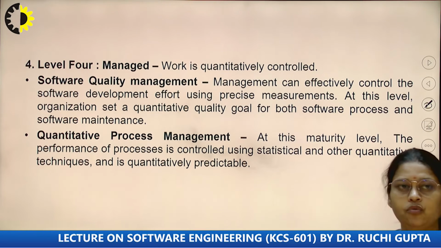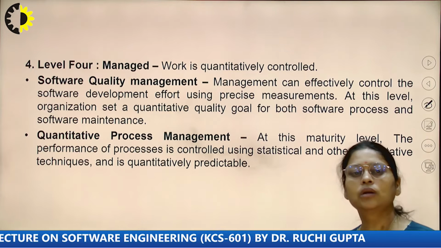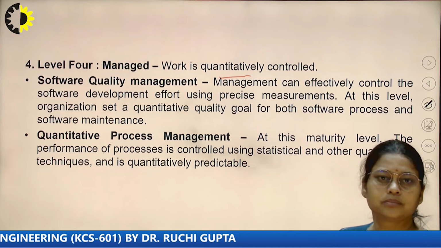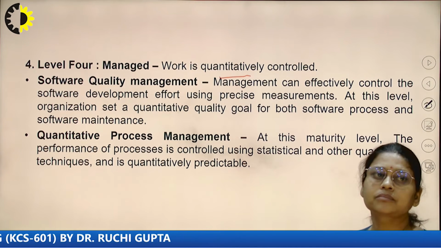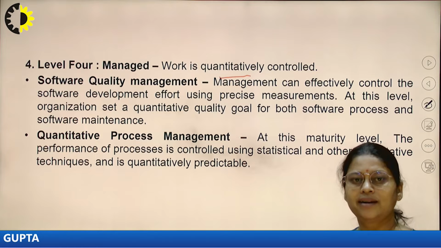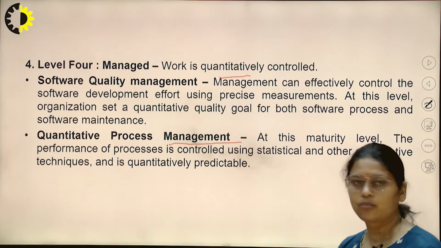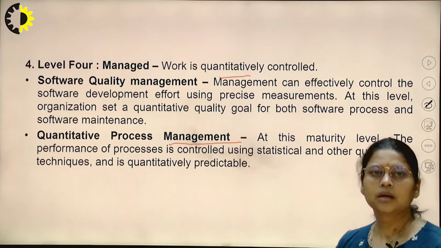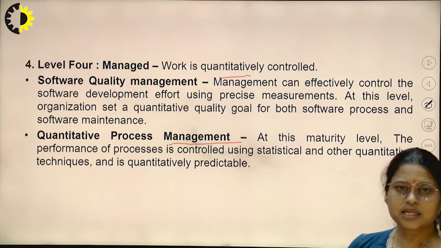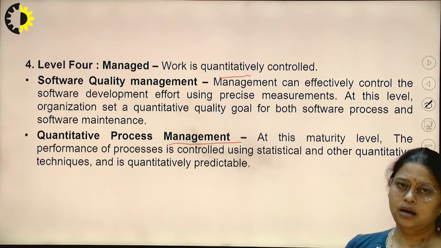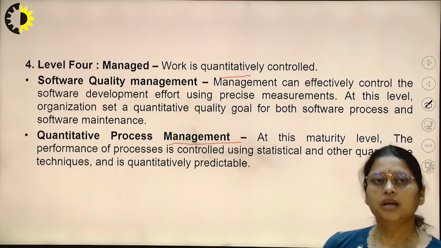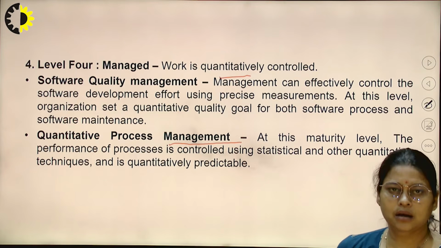Now, we come to level 4, which has more control than the defined level. Work is quantitatively controlled, as per the previous level. The company will follow quality management as well as process management. Under this, quality management can effectively control the software development effort using precise measurement, meaning the company uses some measurement parameters for evaluating and controlling their performance.